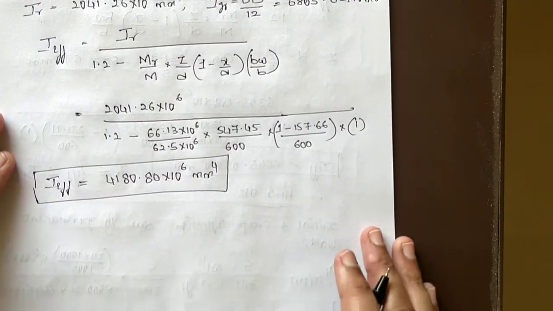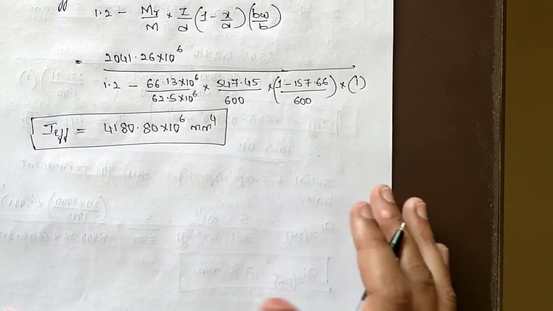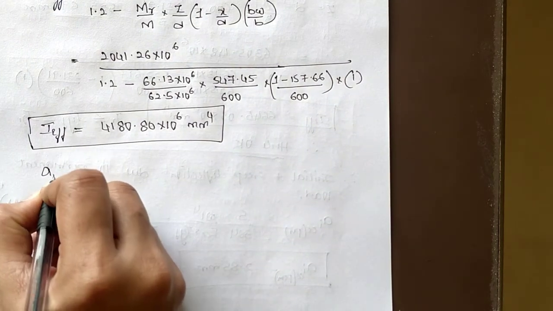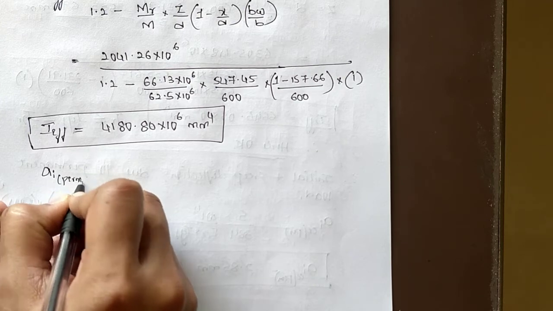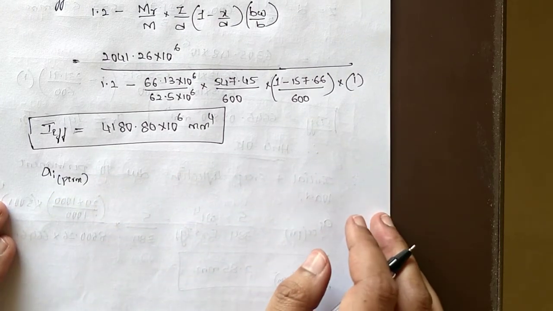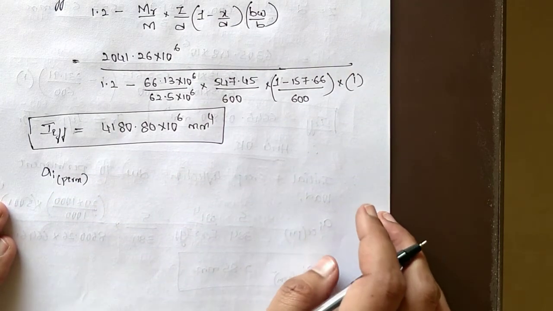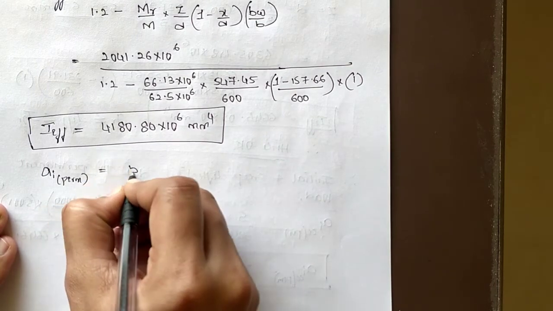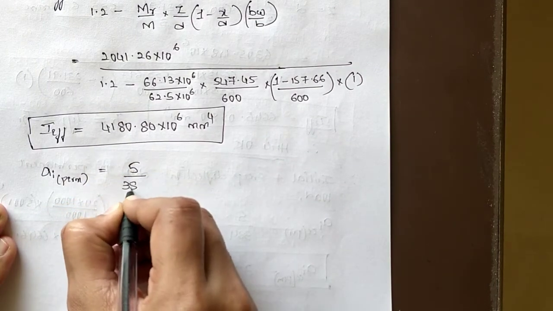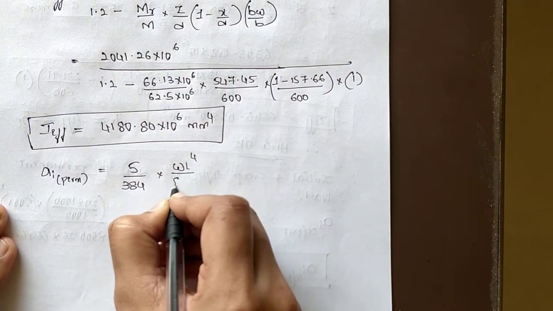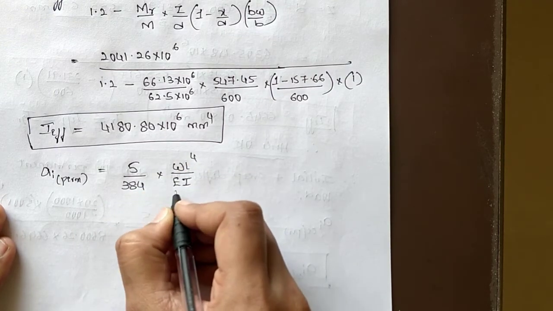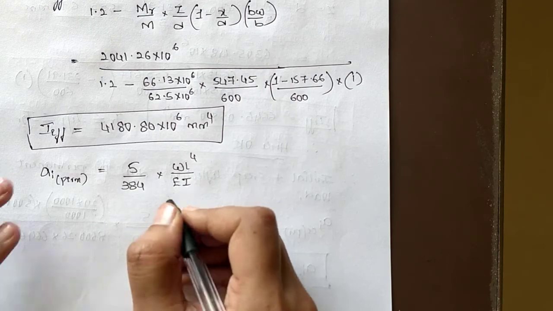Once you calculate I effective, go for delta I permanent, that is the short term deflection due to permanent load, equal to 5 divided by 384 into WL to the power of 4 divided by EI. E is nothing but your EC, I will be I effective.